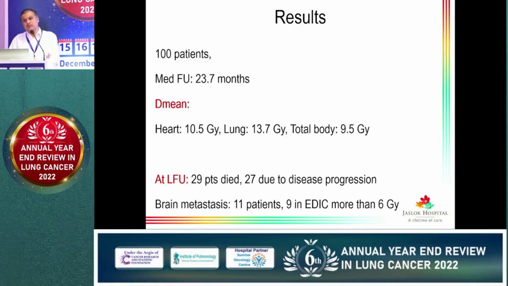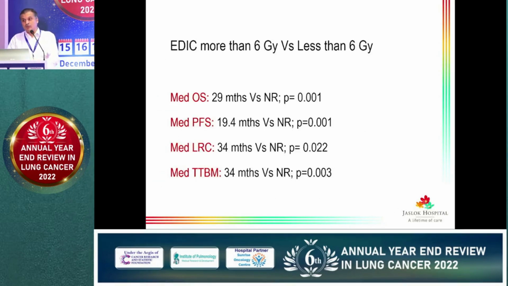Brain metastasis was found in 11 patients, out of which 9 patients had an EDIC more than 6 gray. So coming to the survival outcomes, for all primary and secondary endpoints, the median OS, PFS, local regional control, and time to brain metastasis were shorter in the EDIC more than 6 gray group as compared to the EDIC less than 6 gray group.